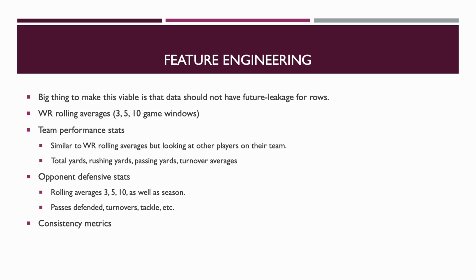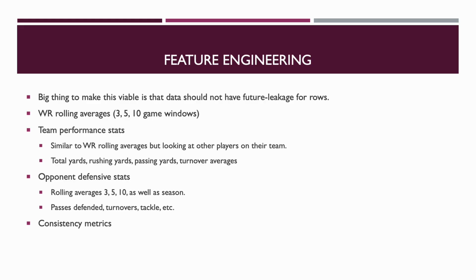From there, I moved on to calculate team performance stats. So rather than focusing on that wide receiver, I looked at what team they were on and how their team performed offensively. This is things such as total yards, rushing yards, passing yards, and the amount of turnovers that team might have had.